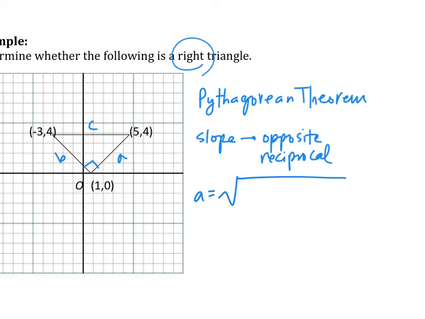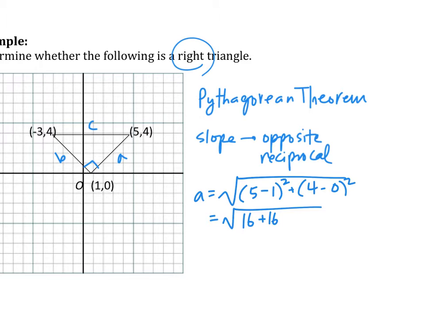So one of the points is 5, 4, the other point is 1, 0. So we can use the distance formula. x2 minus x1 squared plus y2 minus y1 squared. So simplify that. 5 minus 1 is 4, 4 squared is 16. And then 4 minus 0 is 4, squared is 16.